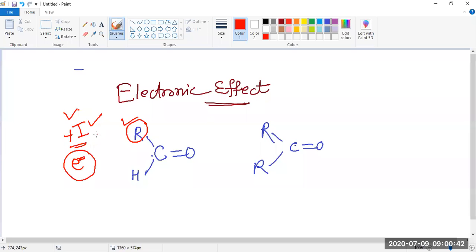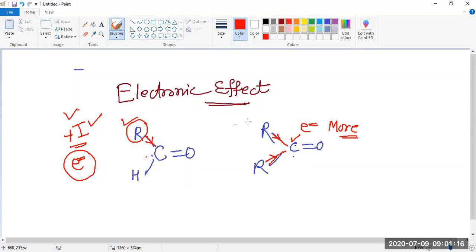If a plus I group is attached, it will supply electrons towards the carbon. In the case of ketone, two alkyl groups are attached to the carbonyl carbon, so they will supply more electrons to this carbon.